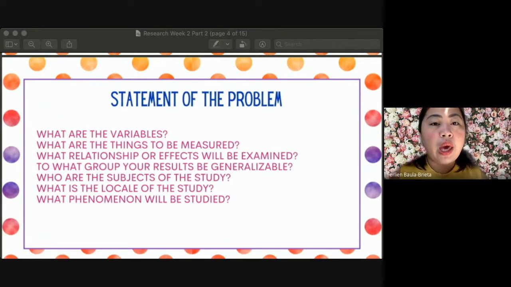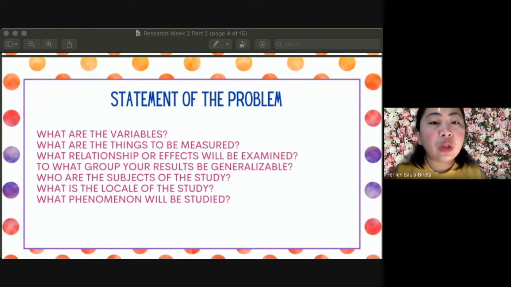Now, before arriving at the statement of the problem, we have to be definite first. Of course, I've mentioned before the research topic and the research problem, so that we can have the specific objectives.